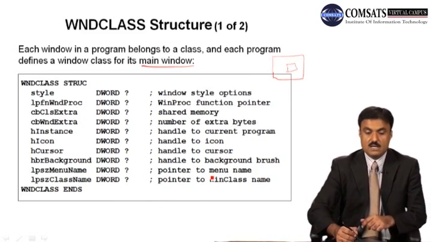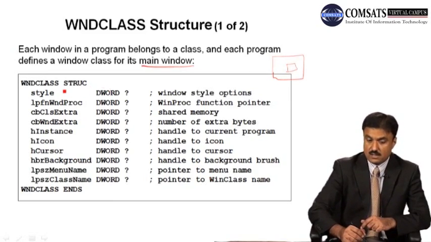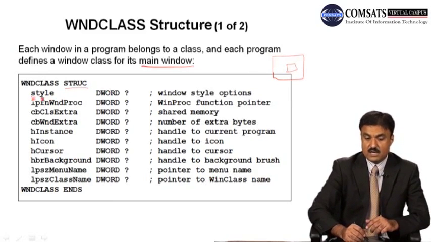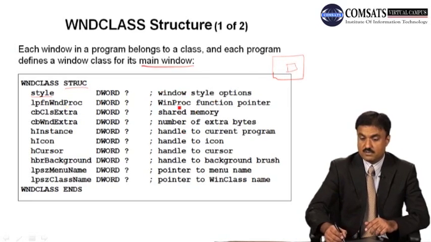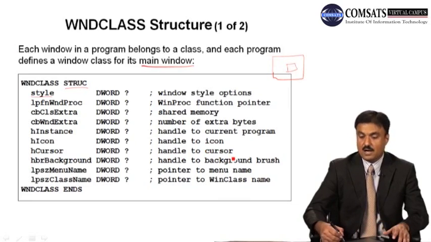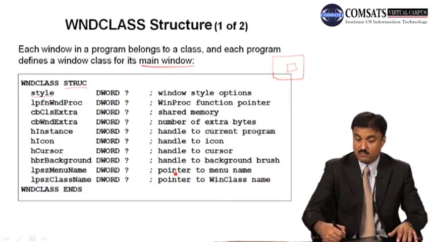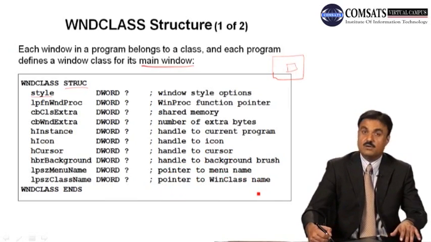So what is a Windows class? It is also a structure. We have the style, so Windows style information, Windows procedure function pointer, shared memory, the number of extra bytes, handle to the current program, handle to icon, handle to cursor, and then handle to background brush, pointer to the menu name, pointer to the Windows class name, and so on.